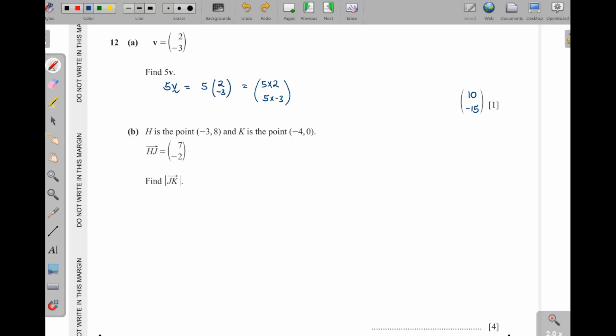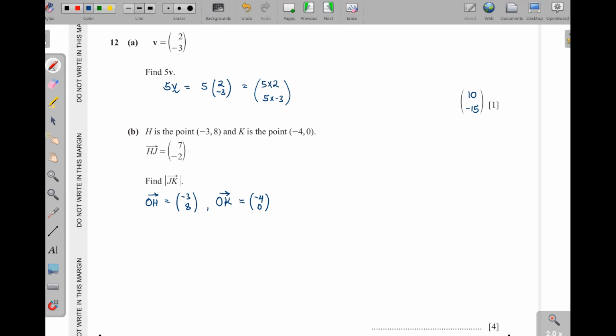Now, the position vectors here, if H is this point, then that means the position vector of H from the origin, so we say OH, this one is going to be -3, 8. And then the position vector of K, that is OK, this one is going to be -4, 0.